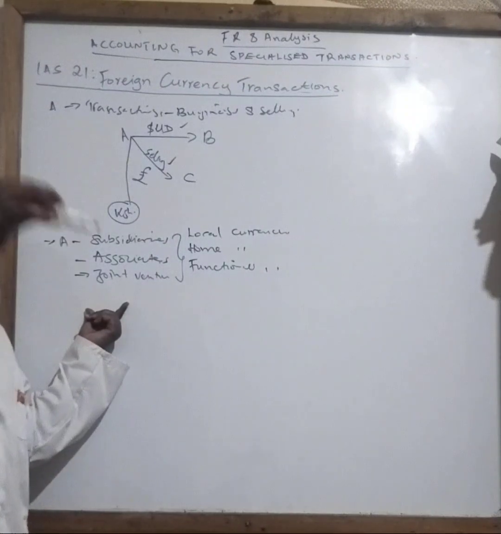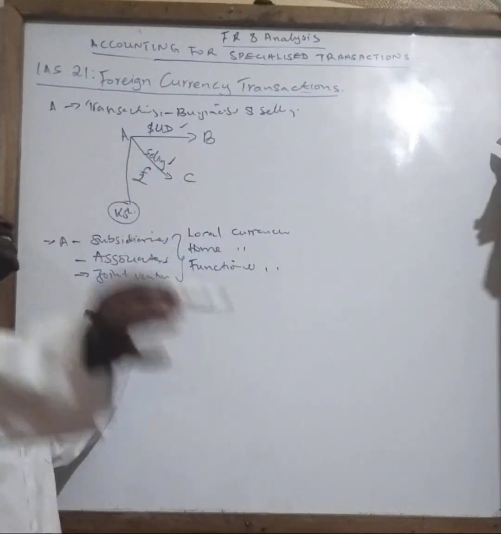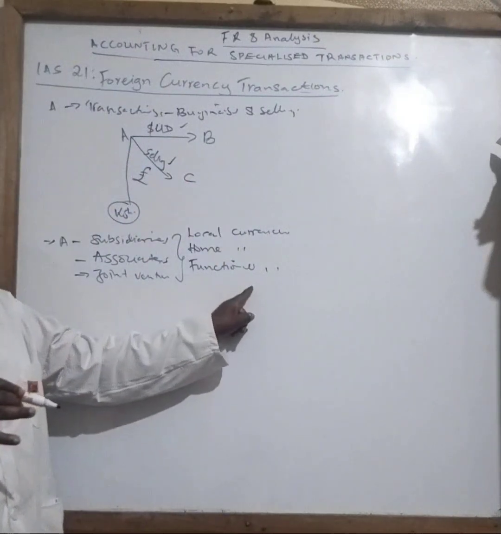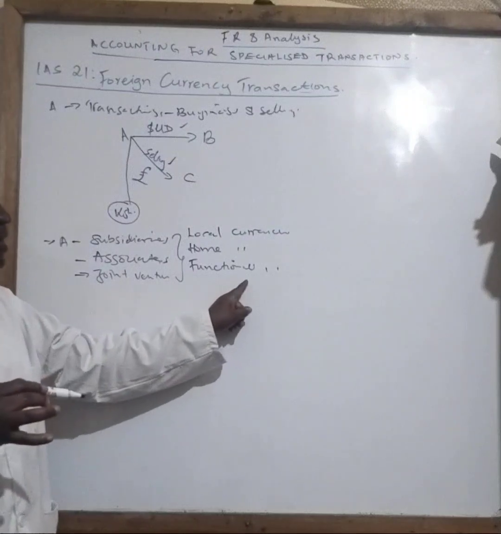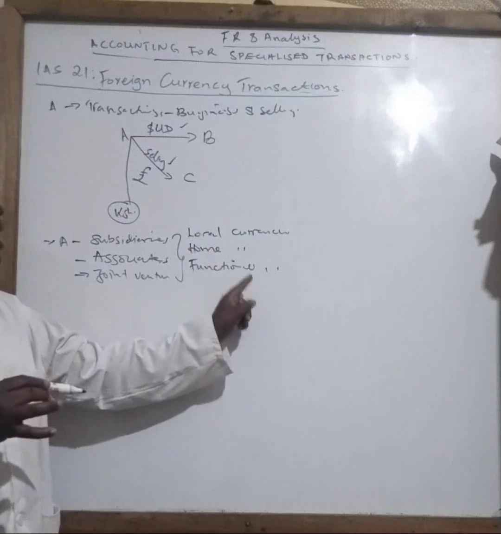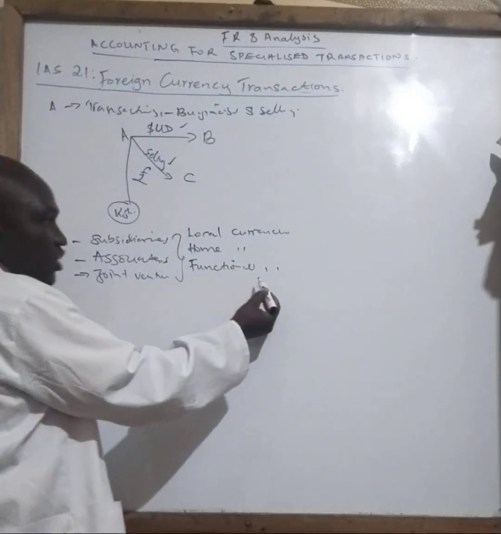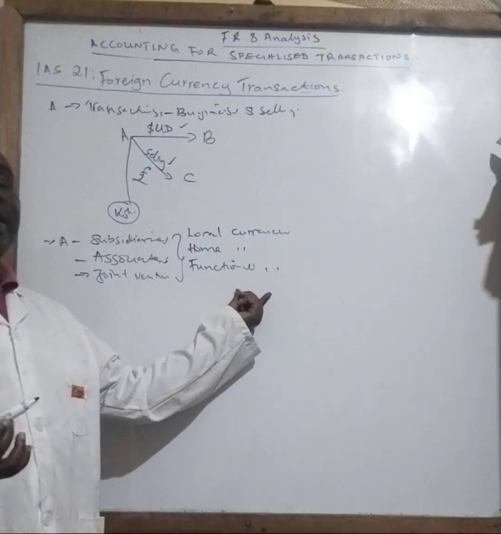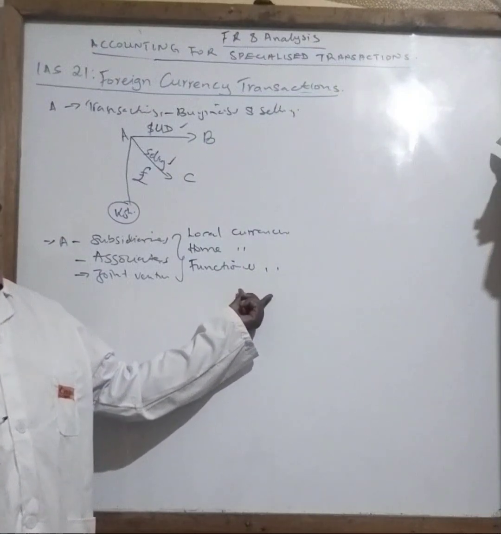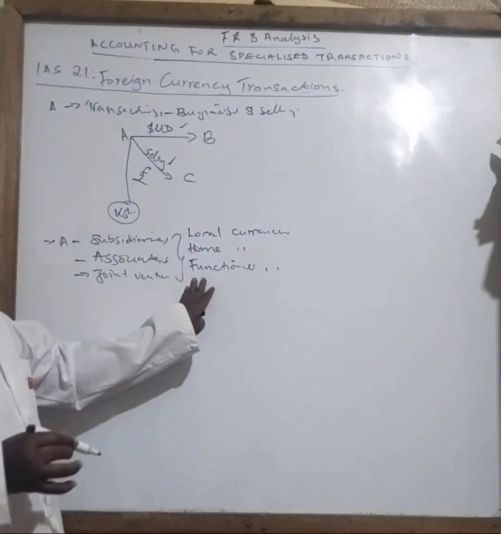By the end of the period, the foreign currencies have to be translated into functional currency, which is a currency of primary transactions in the environment in which the entity is operating.